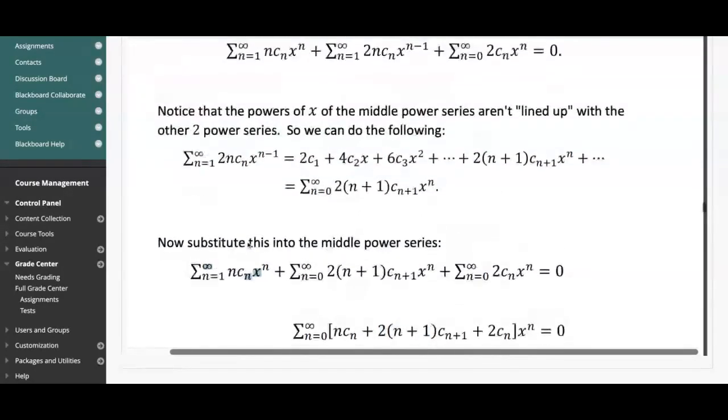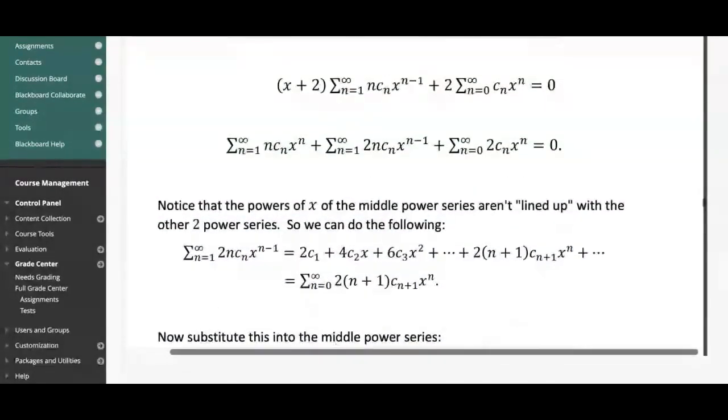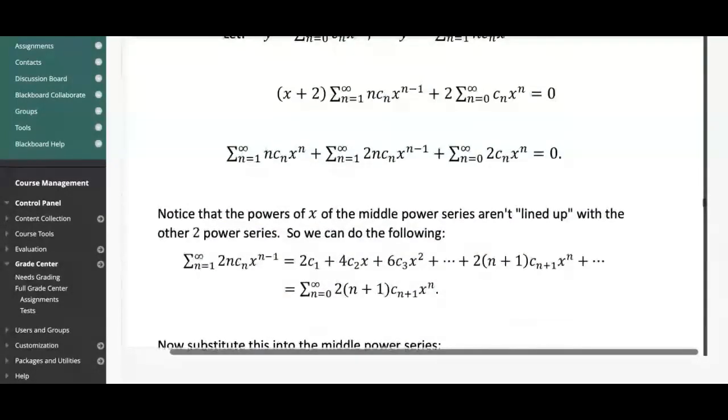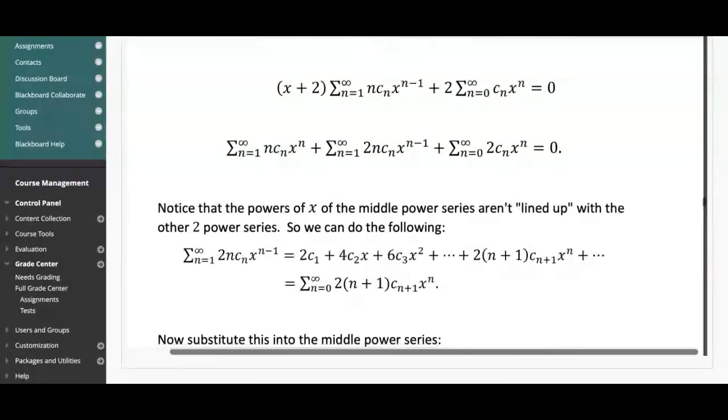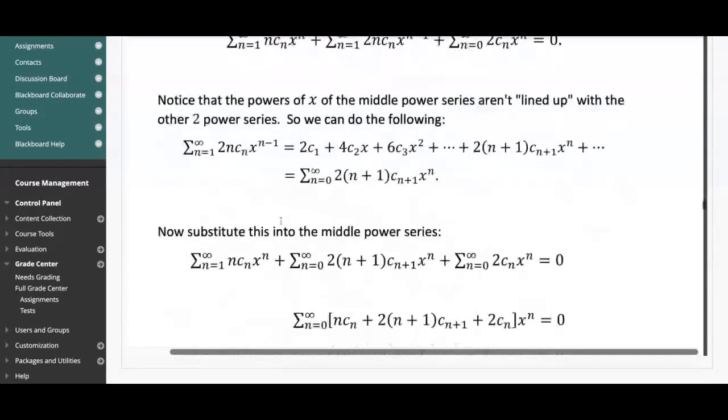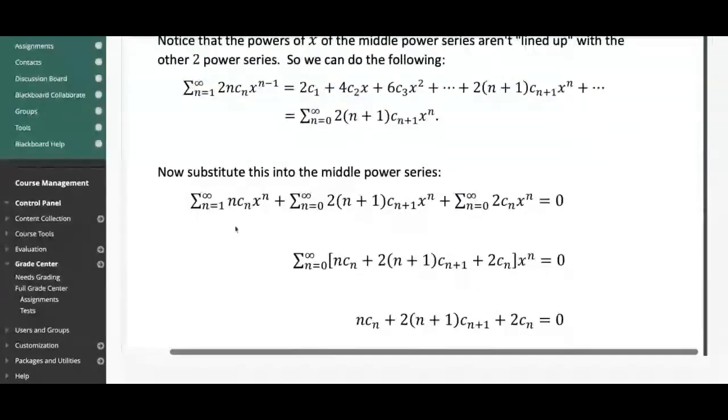I made a typo or a mistake, because I didn't reindex this. If I don't reindex this, how can I combine those three? Sorry, that's a mistake. I should have reindexed this.